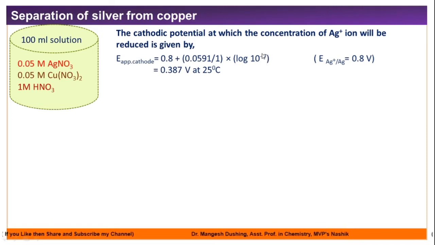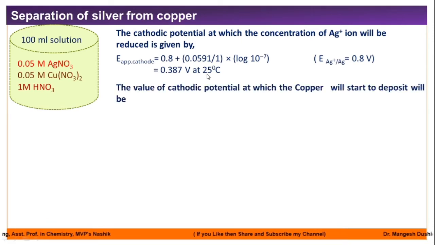So this is the extent of reduced concentration of silver. So that will become 0.387 volt at 25 degrees Celsius.